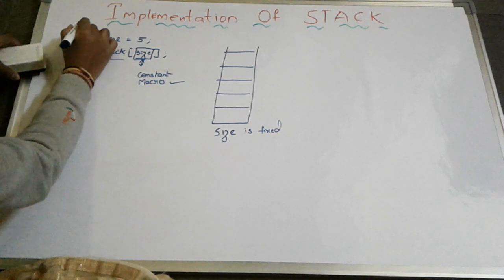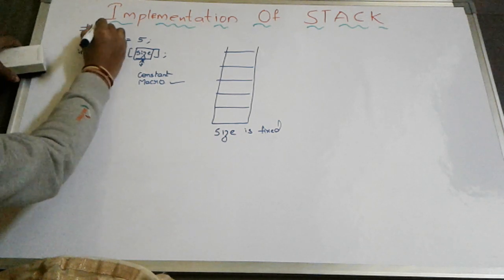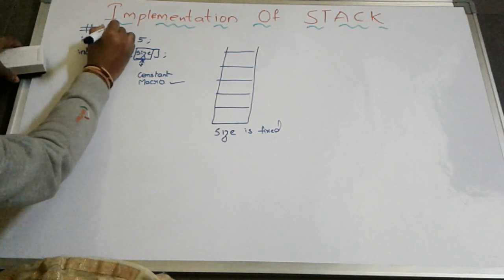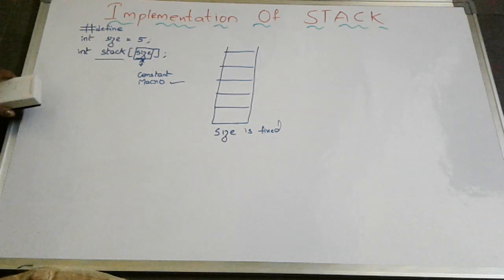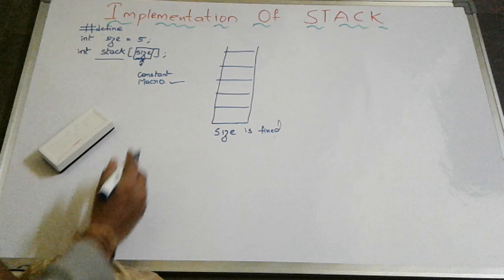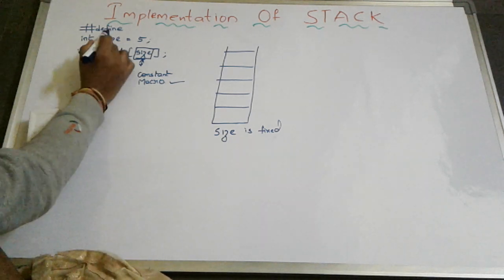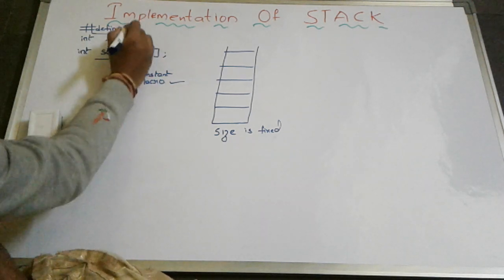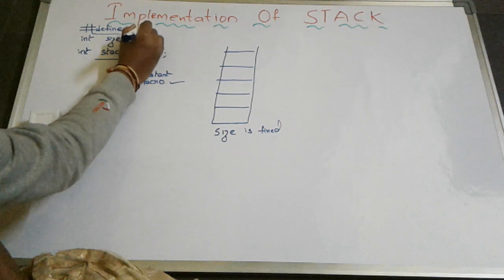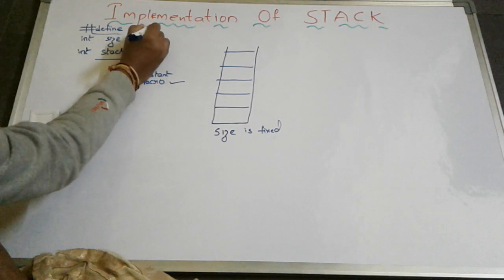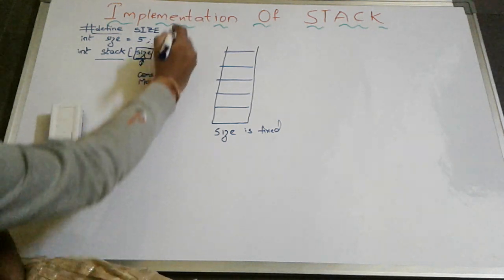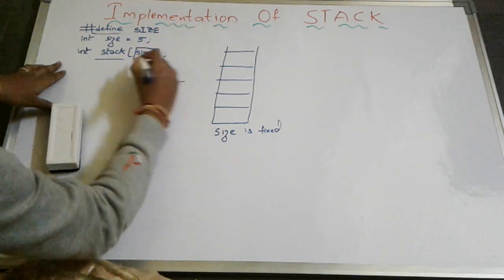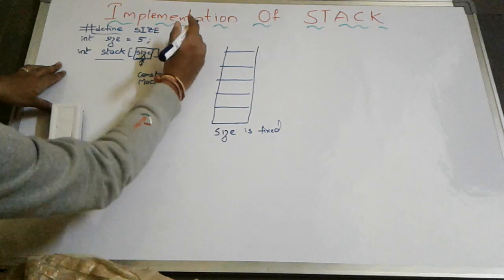We declare a macro by using the #define statement. For a macro, there is a convention that we should write all the letters in capital, and then the value. Here we have 5.